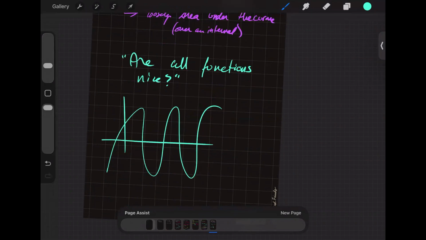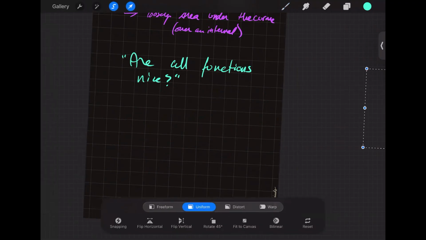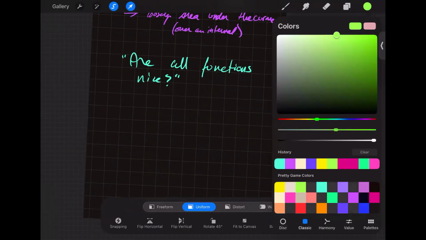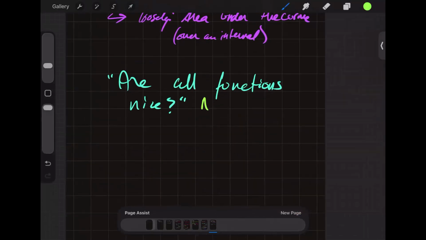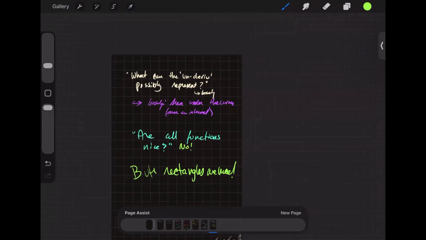Sine of x ain't that nice. But you know what shape is really nice, just for approximating purposes? Rectangles. Rectangles are nice.